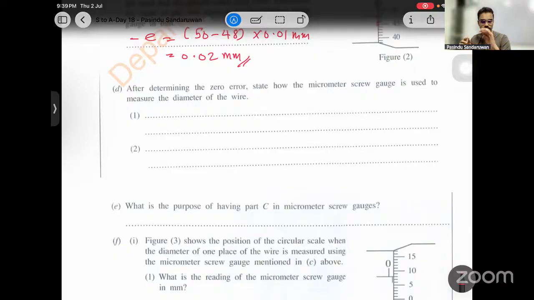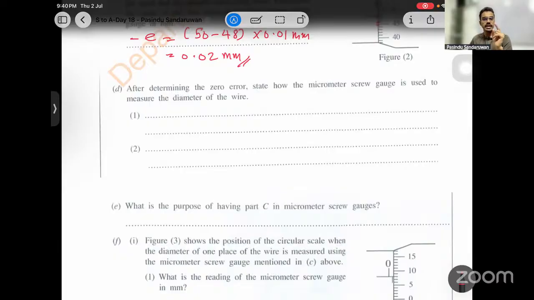A ticking sound means it is firmly tight between the anvil and spindle, without over pressing or over pressurizing.